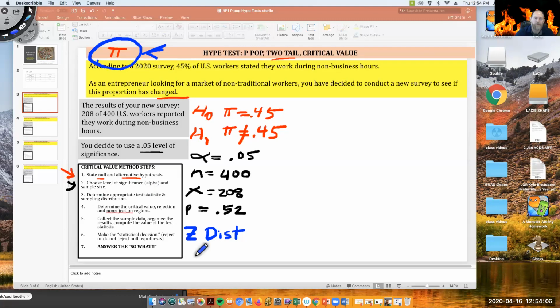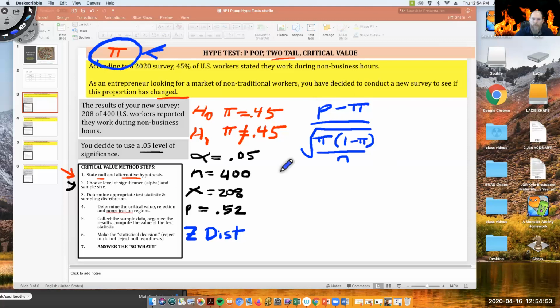The test statistic is a formula that we know, we just haven't used it in this way because we still don't really understand what a test statistic is, but we will in a second. The test statistic is this: sample P minus P-pop, over the square root of P-pop times 1 minus P-pop, over N. Okay, and we've used that before with sampling.